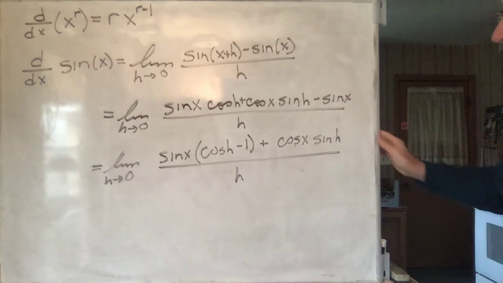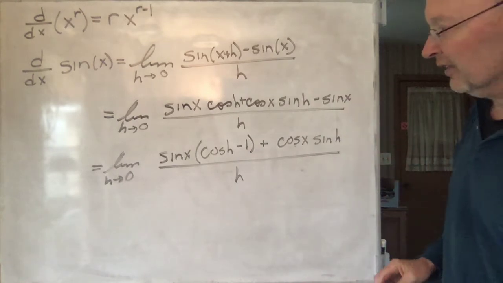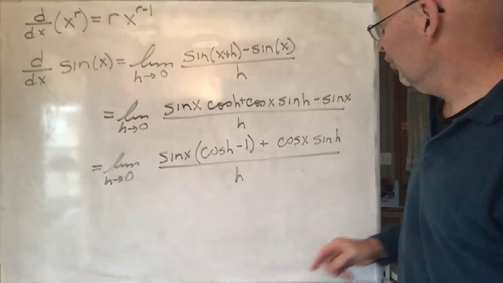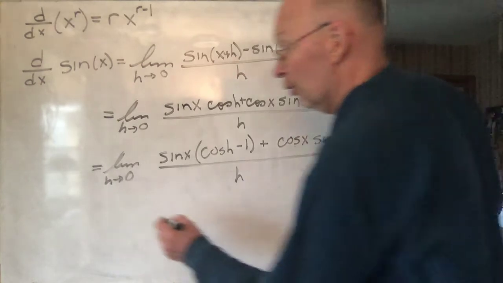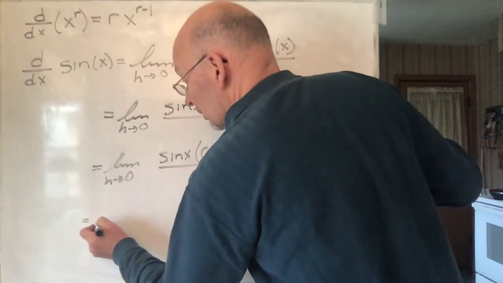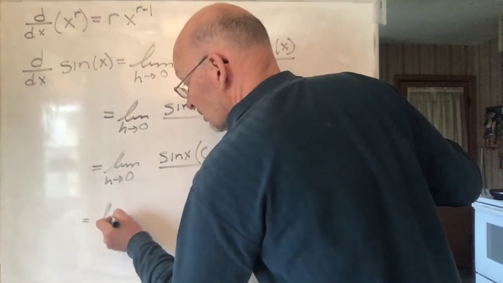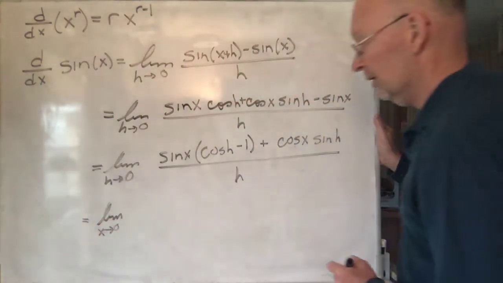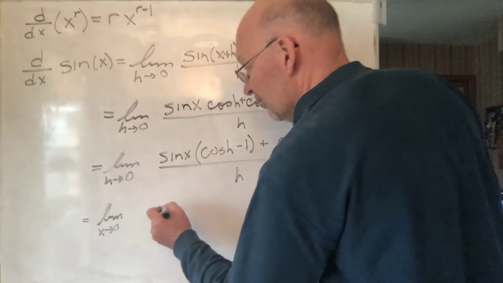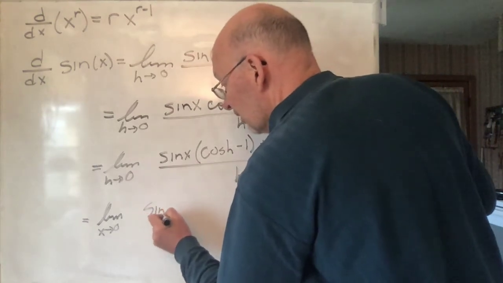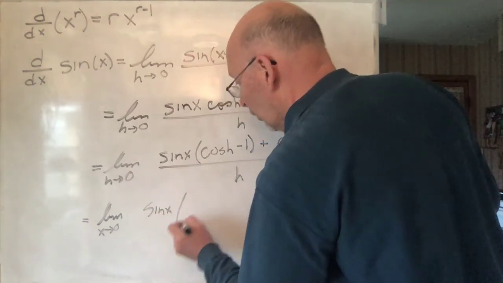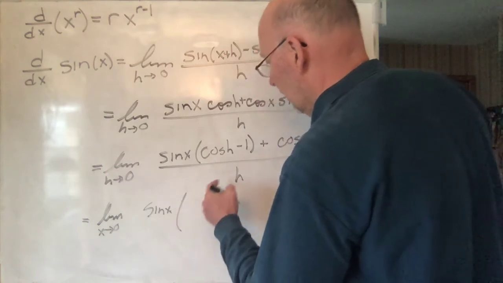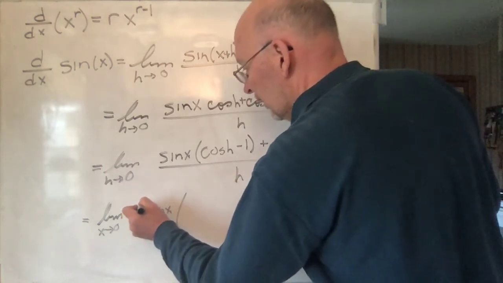Okay, now let's check this one out. Let's do one more line here of algebra. I'm going to write this as the sine of x times the quantity. In fact, I'm going to pull a negative out of this.